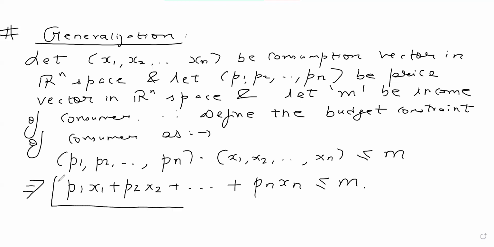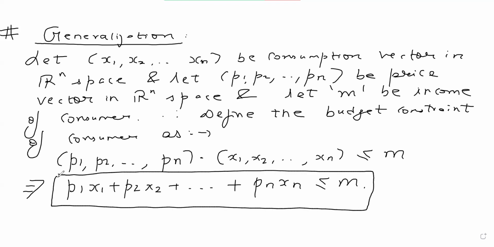This is in general the budget constraint of the consumer when we have n goods along with n prices.